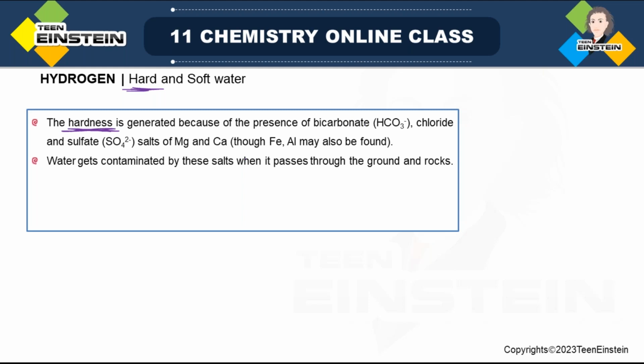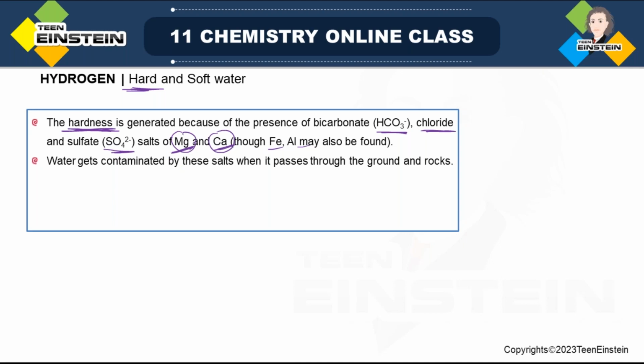If there is the presence of bicarbonate, chloride, or sulfate anion salts of not just any metal, but these two metals, Mg2+, that is 2 plus will be the charge, and calcium. So if you have magnesium or calcium salts of all these 3 anions, though sometimes others may also be found, when we talk about hard and soft water, we are interested only in these 2 metals.